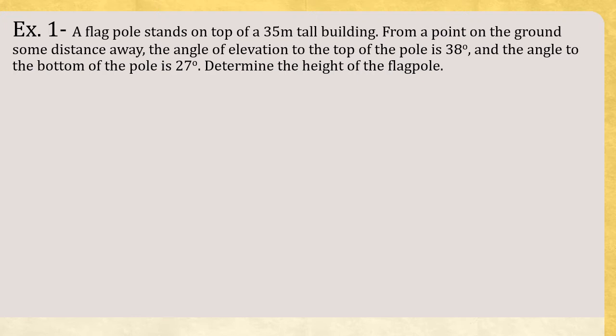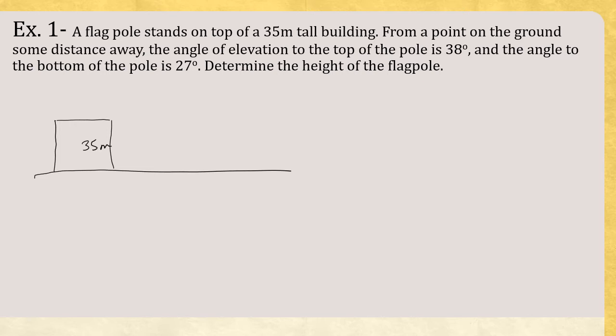If you don't know where to start with your sketch, we have a building, so assume it's on the ground. So let's draw the ground. There's our ground, and we've got a building. And we know that building is 35 meters tall.